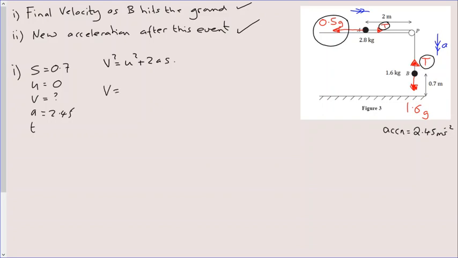So v squared is going to be equal to 2 times 2.45 times 0.7, and that gives us 7 root 7 over 10, or 1.852 meters per second.